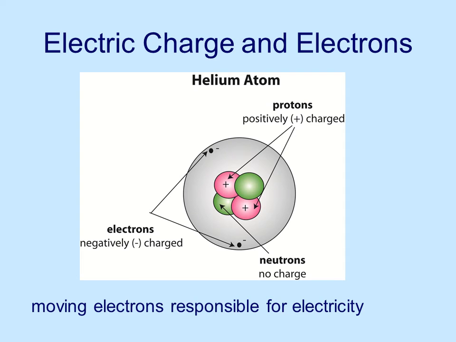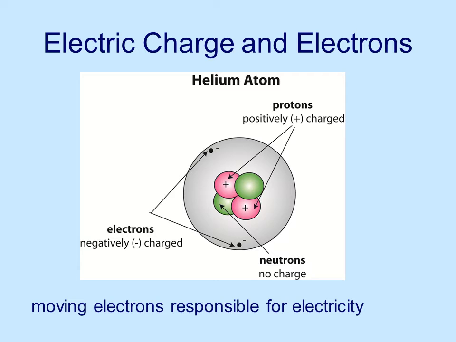Now, we need to talk a little bit about atoms and electrons, because electrons are the source of the electric current. This is a helium atom. It's a very small atom. It has 2 protons and 2 neutrons in the nucleus. It has 2 electrons going around outside. Now, the moving electrons are responsible for electricity.